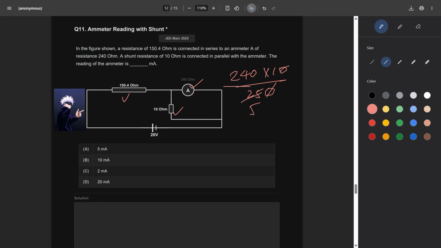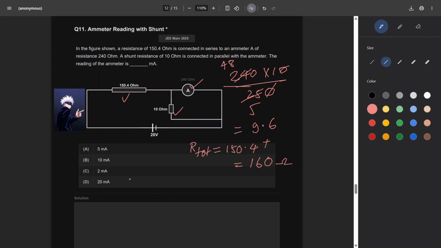What we have here? We have 9.68. So the R total, including this, will be 150.4 plus this, that is 168.